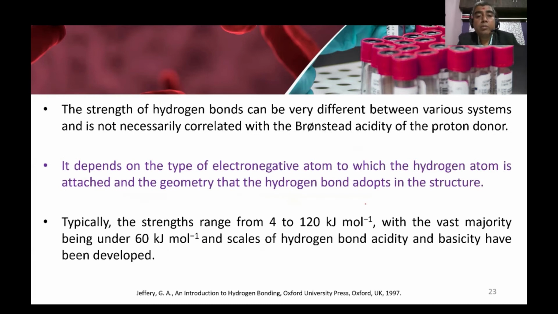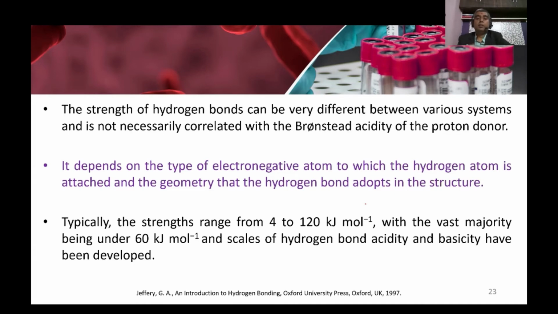The strength of hydrogen bonds can be very different between various systems and is not necessarily correlated with the Bronsted acidity of the proton donor. It depends on the type of electronegative atom to which the hydrogen atom is attached and the geometry that the hydrogen bond adopts in the structure.